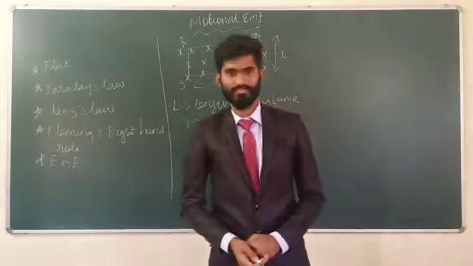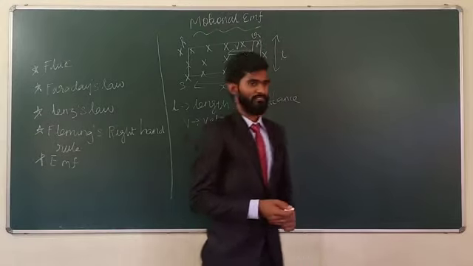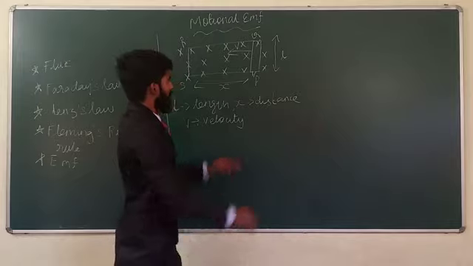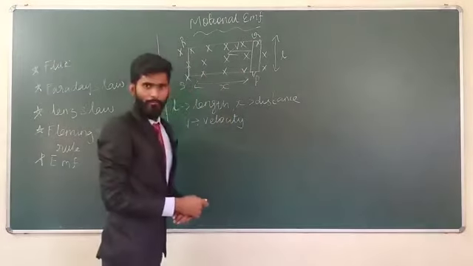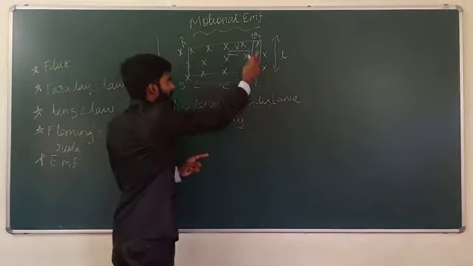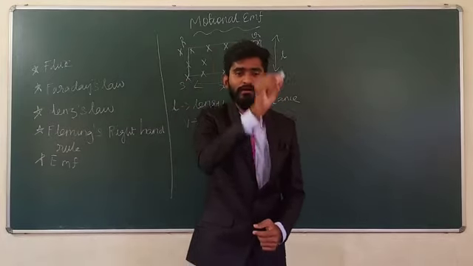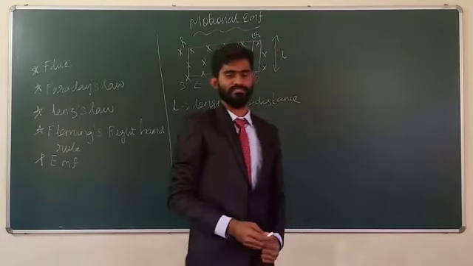What is the meaning of flux? Here we have the rectangular shaped conductor. It has a certain area, and the magnetic field that we have is always represented in circular lines, as we have the basic understanding.